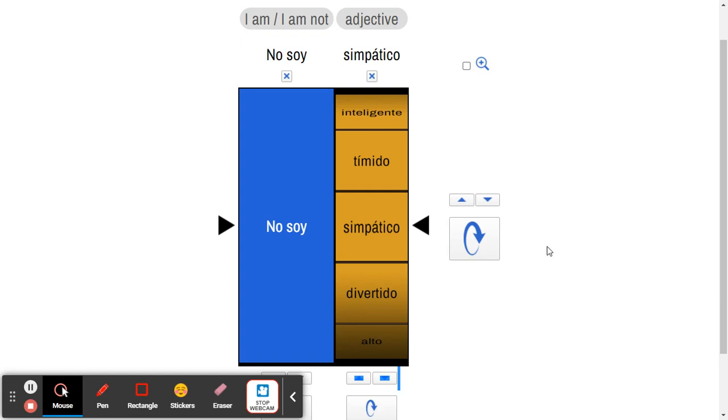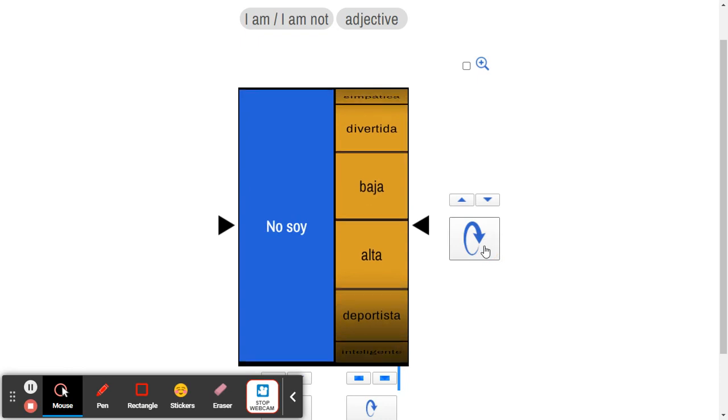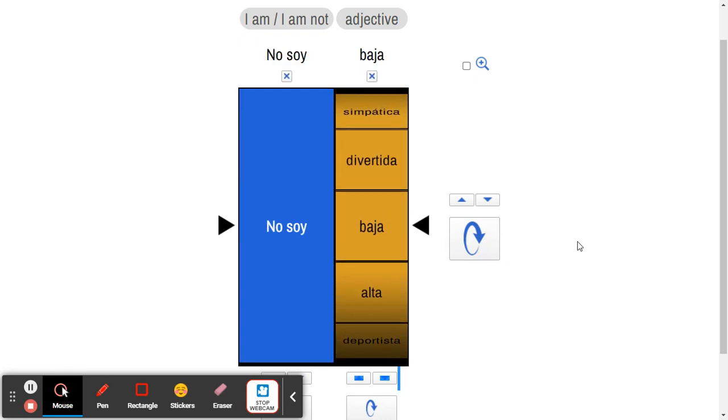It's masculine because simpático ends in an O. How about this one? No soy baja. What does that one mean? That's right. I am not short. And is that one masculine or feminine? That's right. It's feminine, isn't it? Because it says baja with an A on the end.